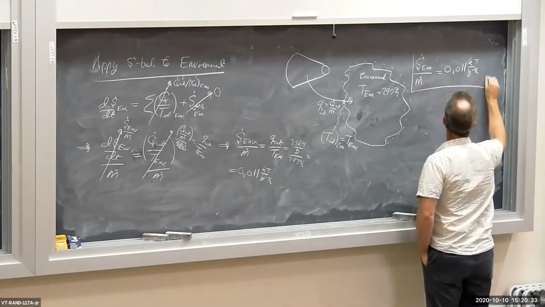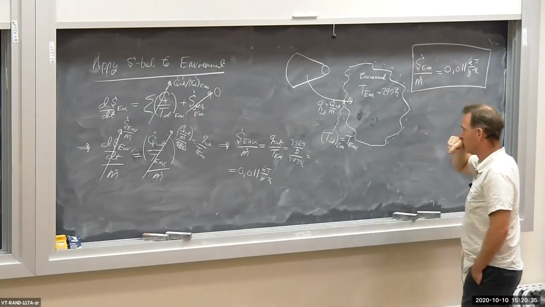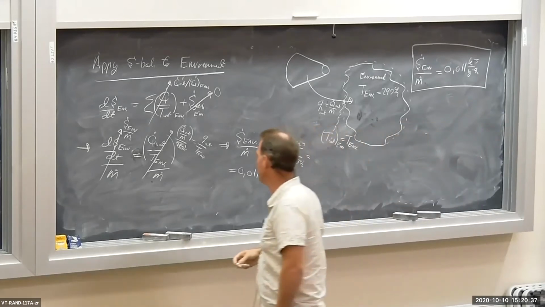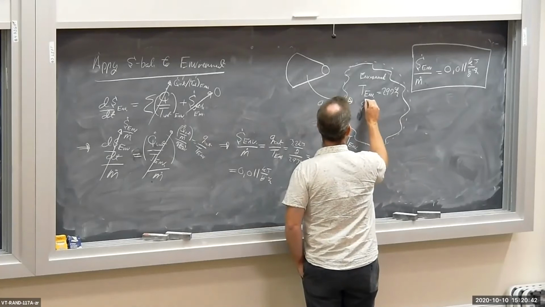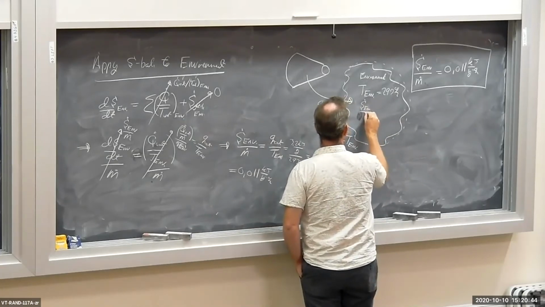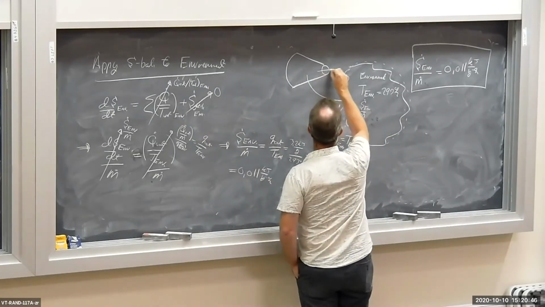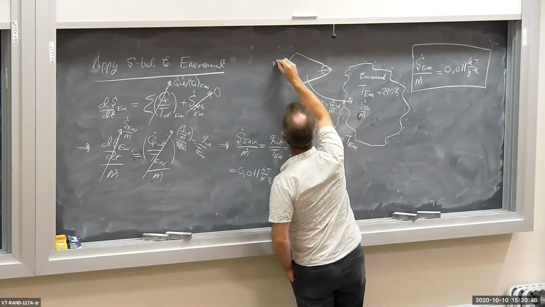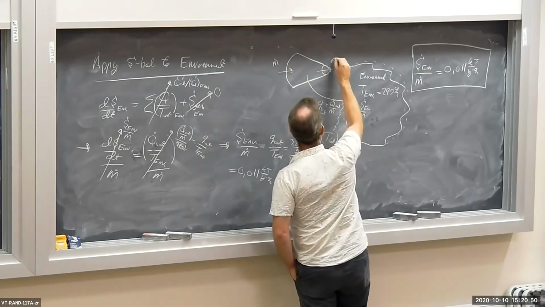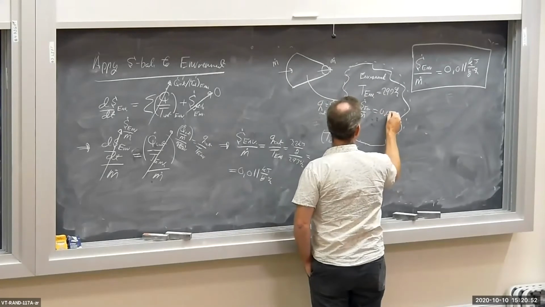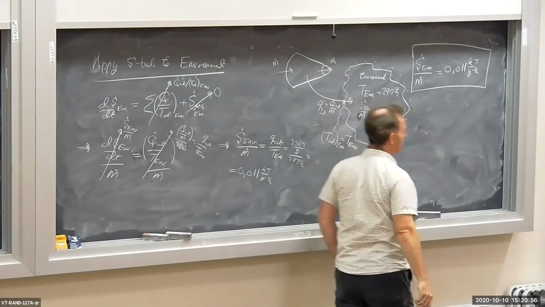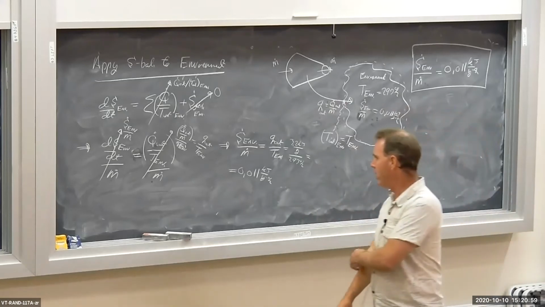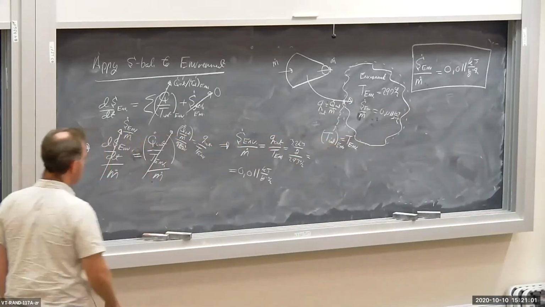So let's put a little box around there, all right? So this S dot environment per mass flow of air through the nozzle is equal to 0.011 kilojoule per kilogram degree Kelvin, okay? Okay, so that's the change in the environment.